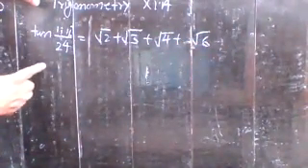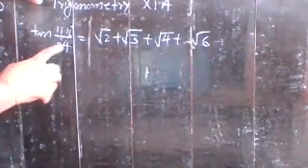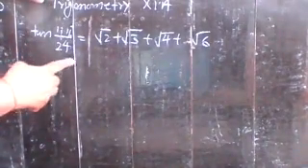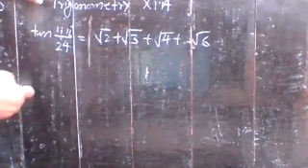Here you have to prove that tan 11 pi by 24 is equal to root 2 plus root 3 plus root 4 plus root 6.